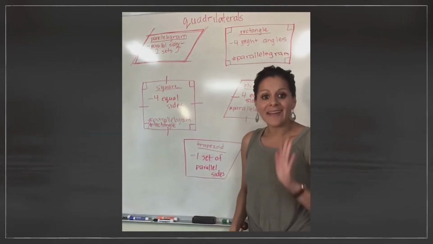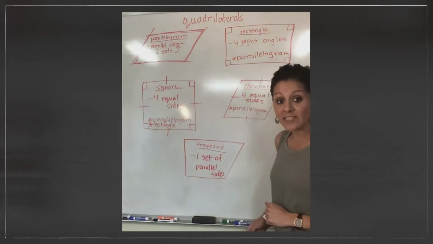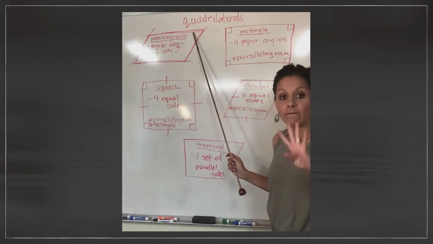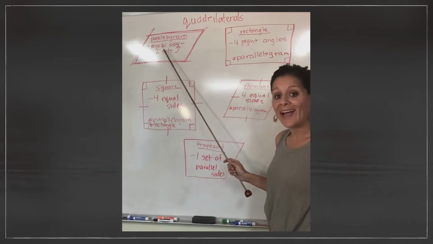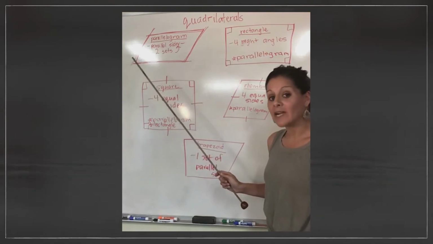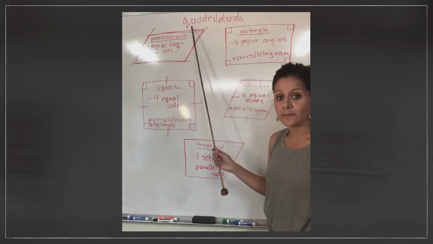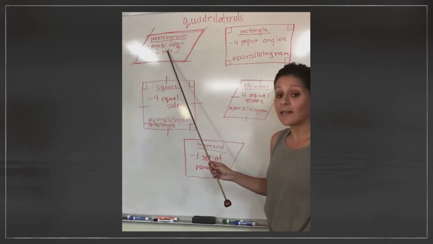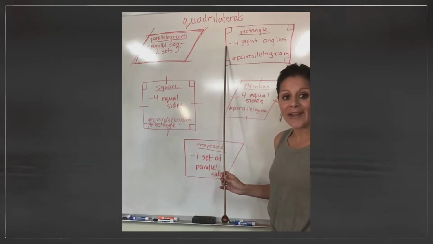So let me go ahead and clarify these shapes. All 4 of these shapes are quadrilaterals. Quadrilateral means 4 sides. A parallelogram has 2 sets of parallel sides, but it's also a quadrilateral. A rectangle is a parallelogram that has 4 right angles.